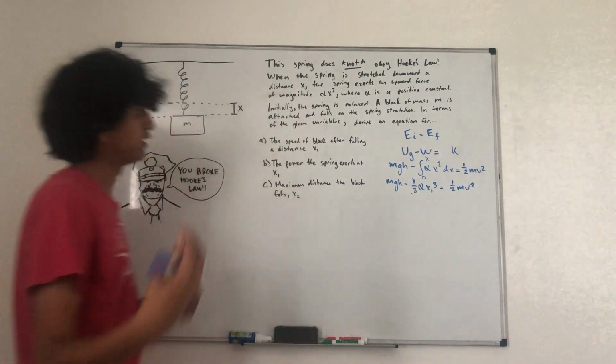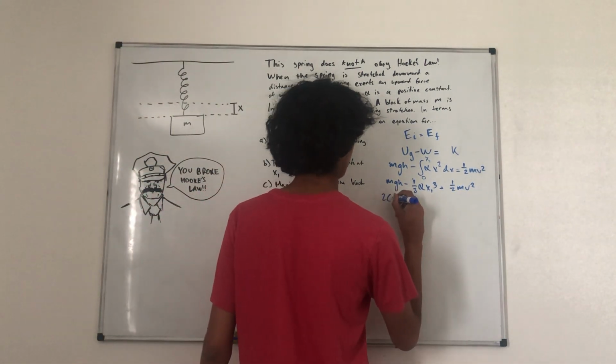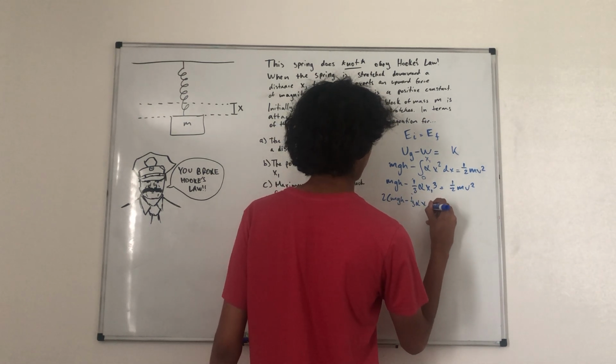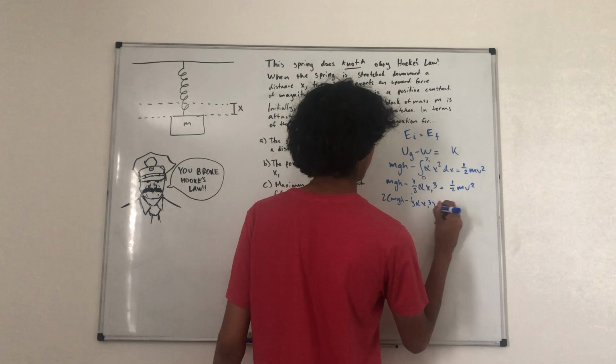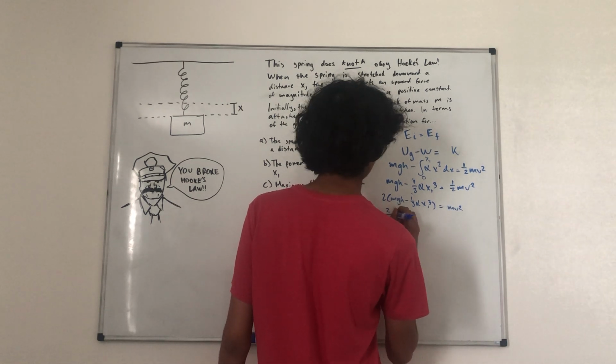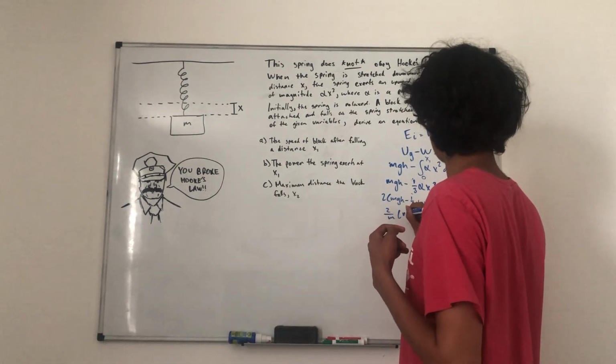So now I can multiply everything by 2. Divide everything by m. So I'm going to get this going on here.